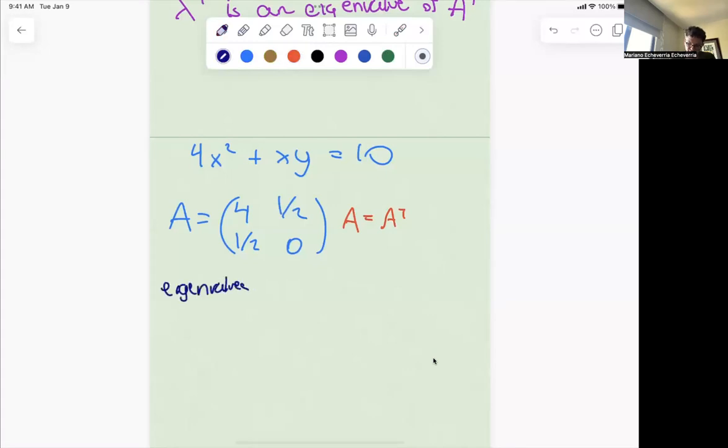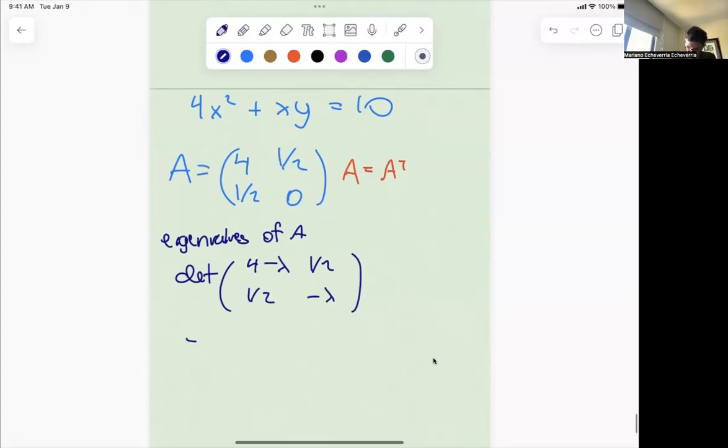Let's see. I hope it's not something too nasty, because I'm just coming up with it right now. So that has to be equal to 0.